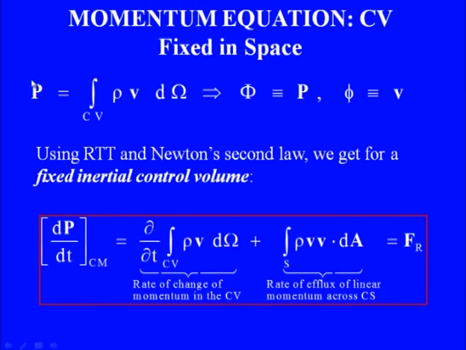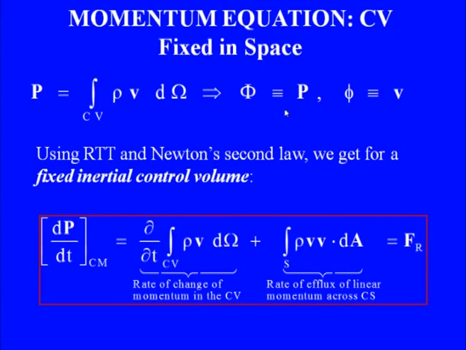We will just concentrate on the fixed Cv in space primarily. So, if Cv is fixed in space, we have already seen that P, that is our linear momentum of the system, is defined by this relation P is equal to rho v d omega, and it says that extrinsic property is momentum capital P itself, and corresponding intrinsic quantity is small v.